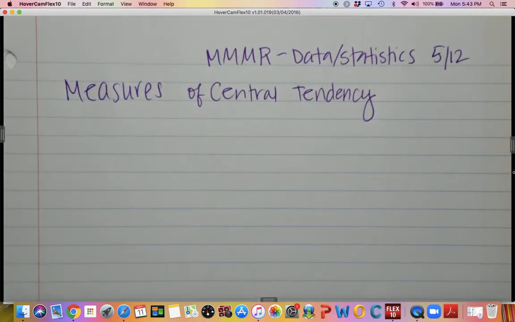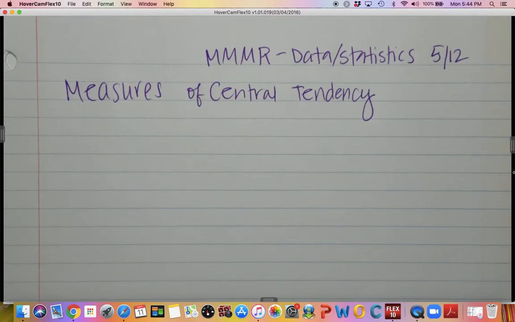And what that means is when you are looking at a set of data, you can say data or data, both are correct, you're analyzing that data. You're looking at it and you're trying to find out trends in the data, okay? And measures of central tendency mean where do the data lie? Where does most of it fall?